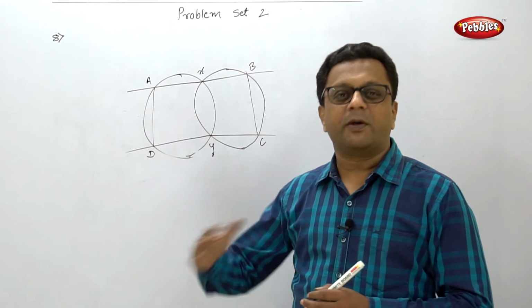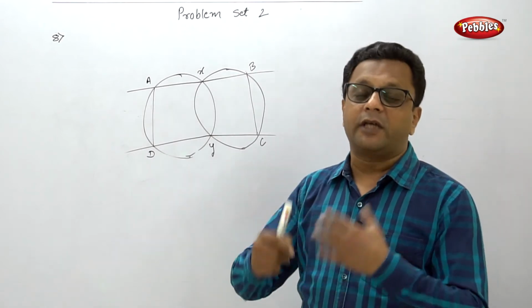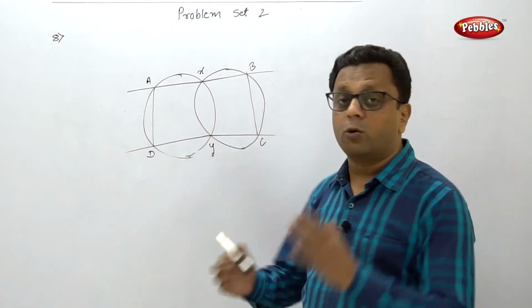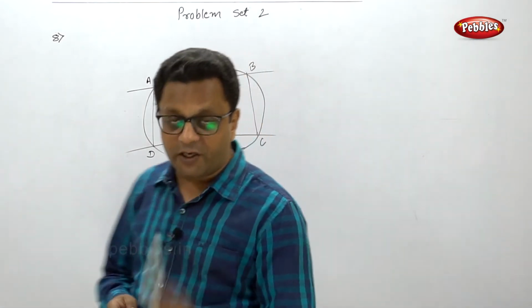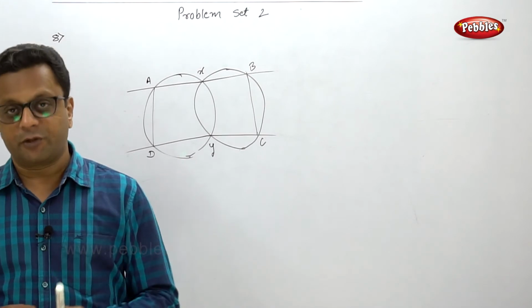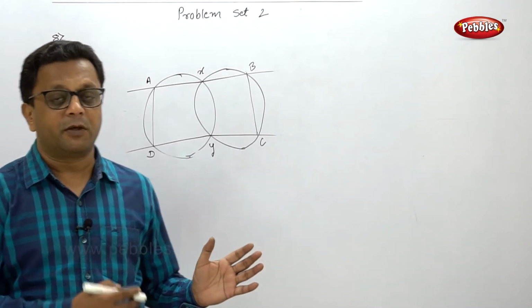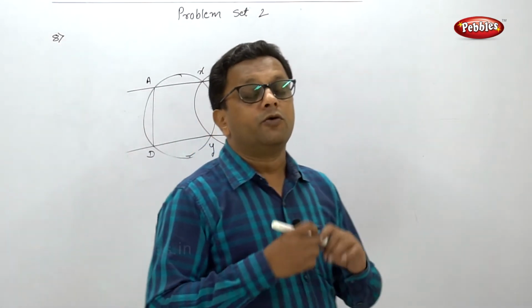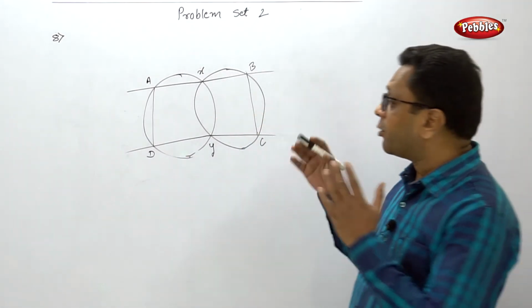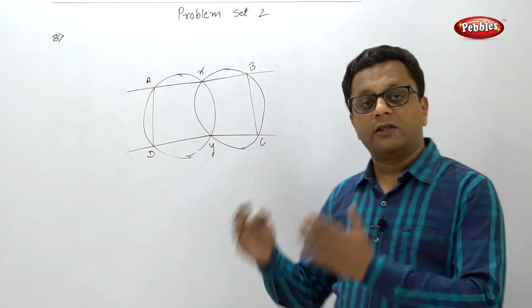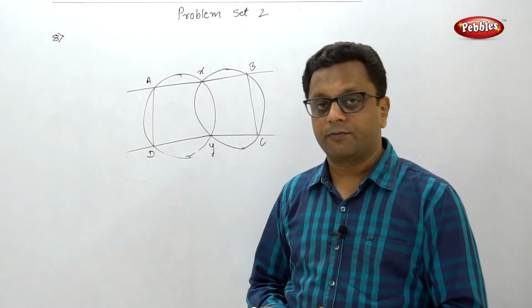The figure is simple, the example is simple, still I am telling you again and again only because you should not miss the figure from the description. This problem is simple, but in some other problem you may completely miss the answer, draw a completely wrong figure, and your answer will also be completely wrong.